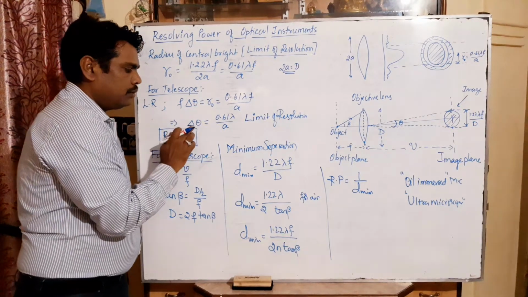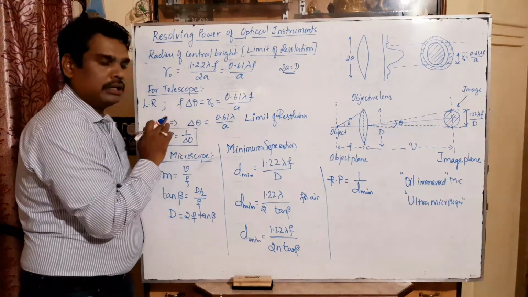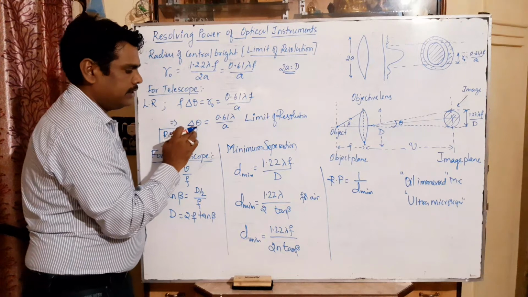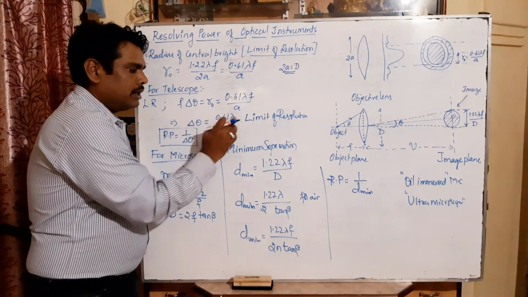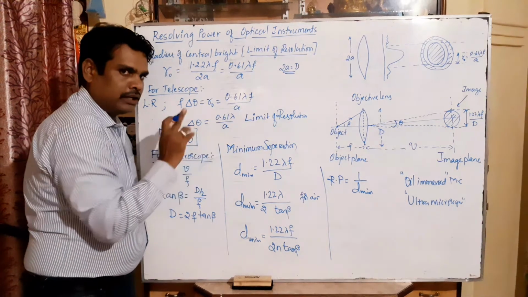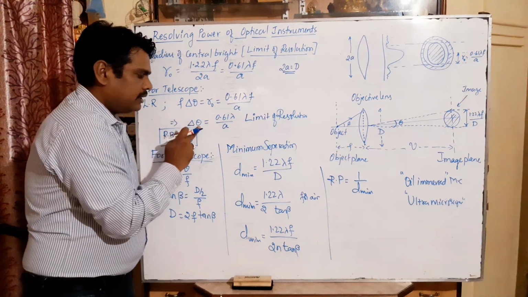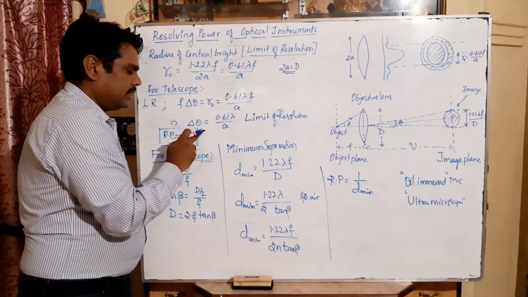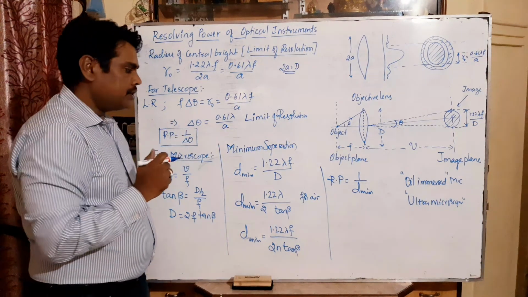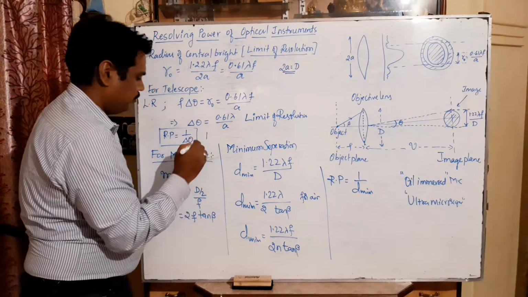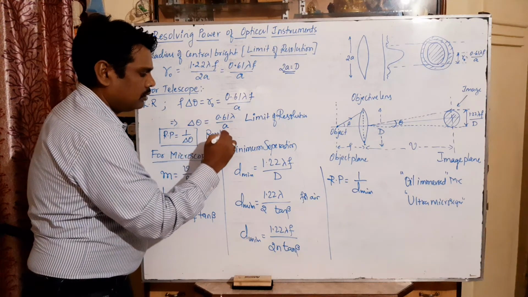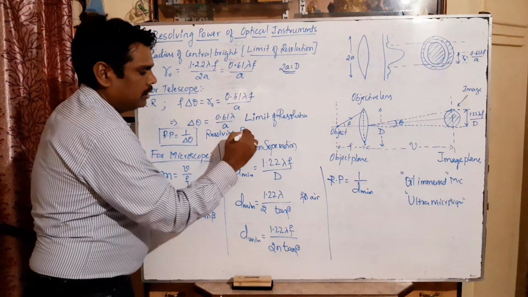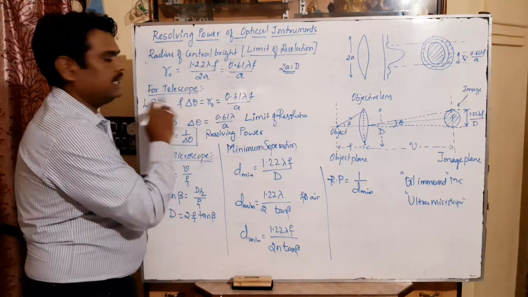So limit of resolution delta theta for telescope, I am talking about telescope, delta theta is equal to 0.61 lambda divided by a. Clear now? If I take the reciprocal of this delta theta, that is the definition of resolving power of telescope.